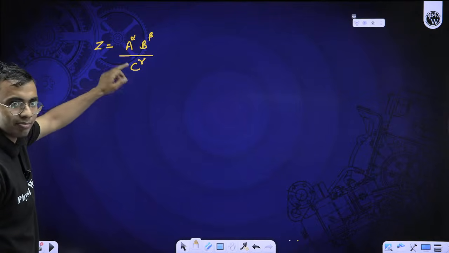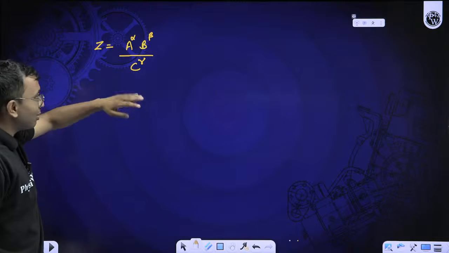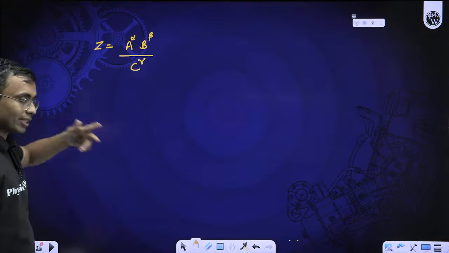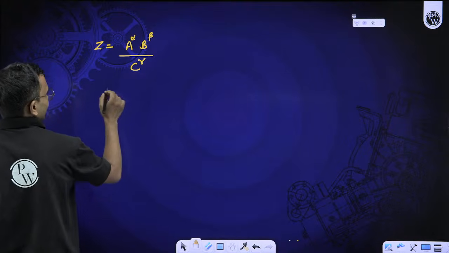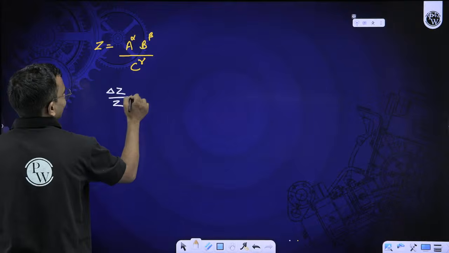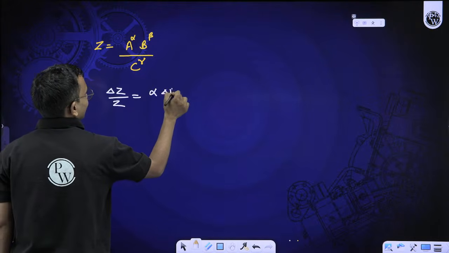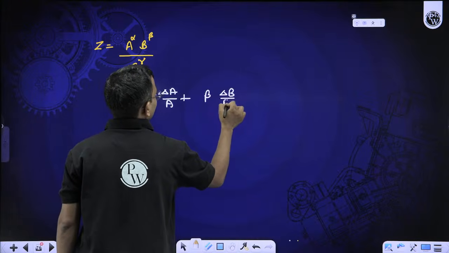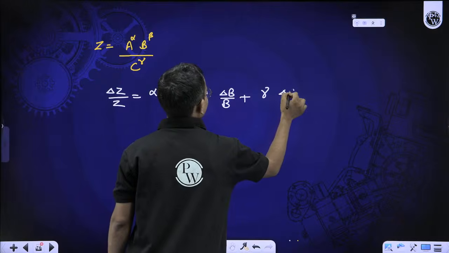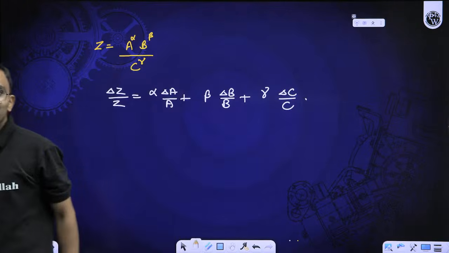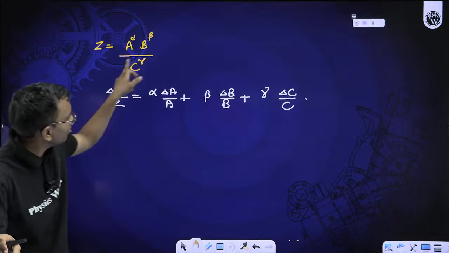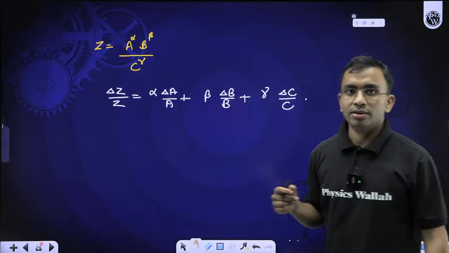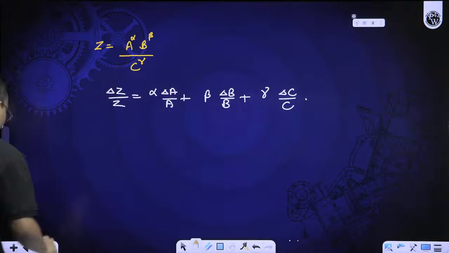Power of c is minus gamma because it is in the denominator. But minus will not come there, it will be plus only because I need to find the maximum possible error. Therefore, always take the plus sign. So I will write delta z by z as alpha delta a by a plus beta delta b by b plus gamma delta c by c. I am not writing minus here. Please pay attention because I need to write the maximum possible error here. This is how we write that.